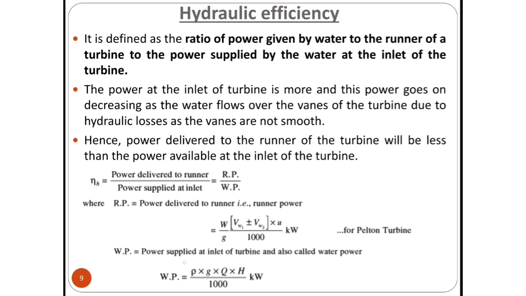Water power we can calculate using the formula ρgQH divided by 1000, and the answer will be in kilowatts, where ρ is 1000 for water, g is 9.81, Q is the discharge, and H is the head. So that is the hydraulic efficiency. Hydraulic efficiency is the ratio of runner power divided by water power. Runner power is nothing but the work done by the turbine.